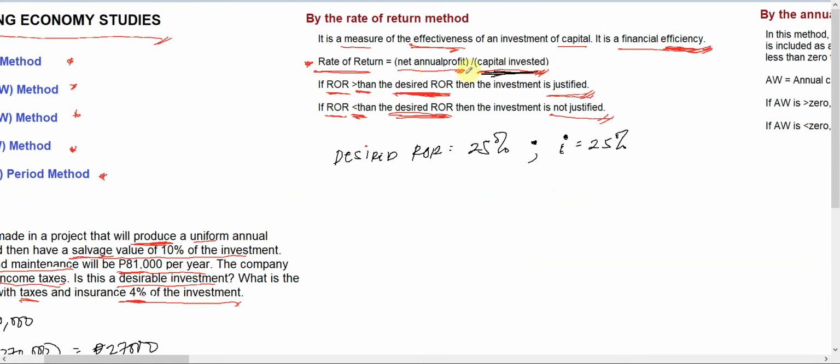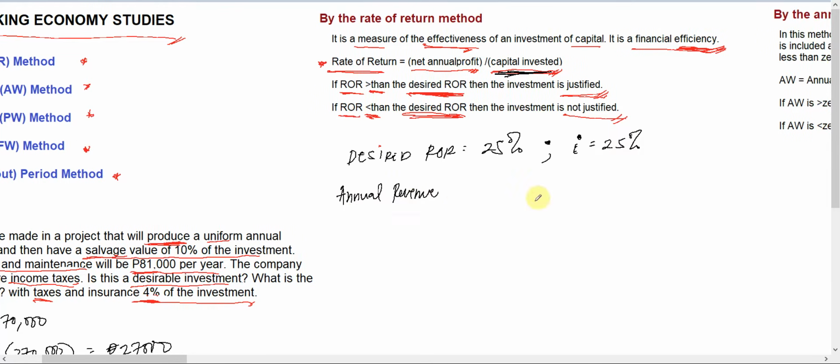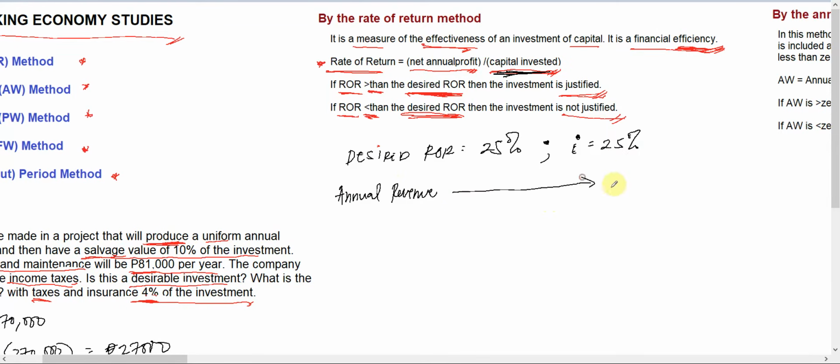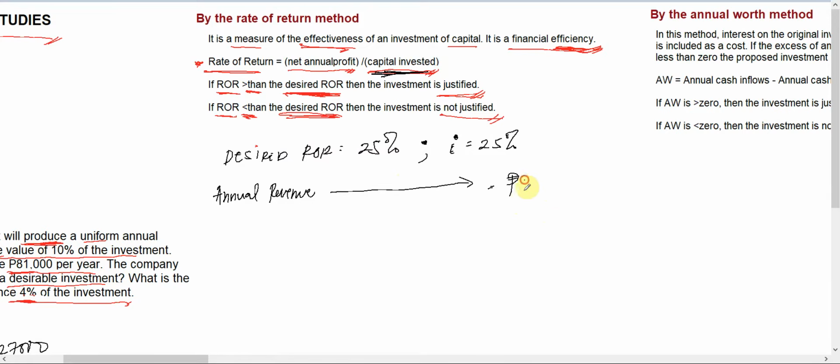So, ano tong net annual profit? So, sabi natin yung profit is the revenue minus the cost. So, alamin muna natin ano ba yung annual revenue niya nung business na to or yung investment. So, annual revenue niya is equal to, sinabi naman dyan, 185,400. So, that is the annual revenue.